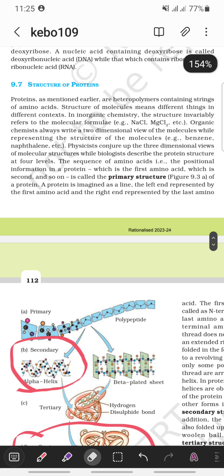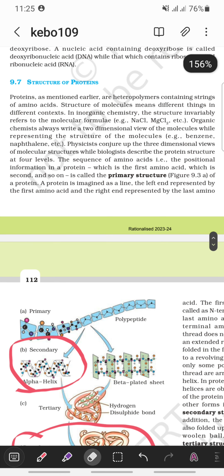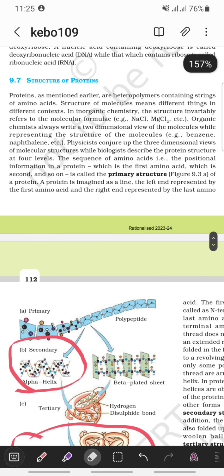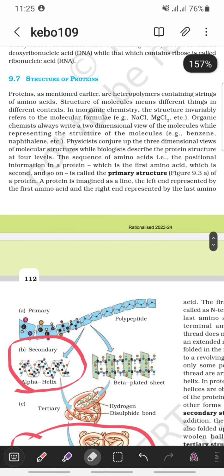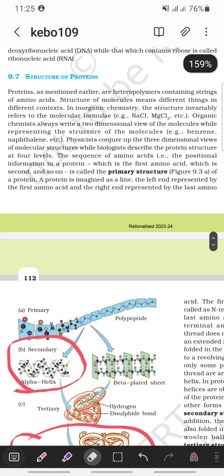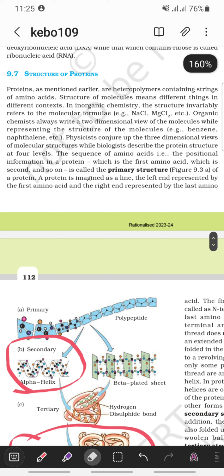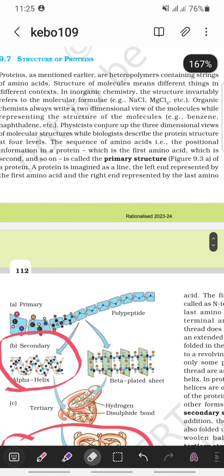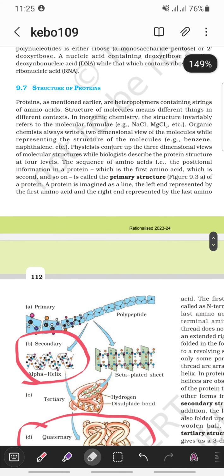In inorganic chemistry, the structure invariably refers to the molecular formula, for example NaCl, MgCl2, etc. Organic chemists always write a two-dimensional view of the molecules to represent their structures, for example benzene, naphthalene, etc. Physicists conjure up three-dimensional views of molecular structures while biologists describe protein structures at four levels. The sequence of amino acids, that is the positional information in a protein, which is the first amino acid and so on, is called the primary structure.